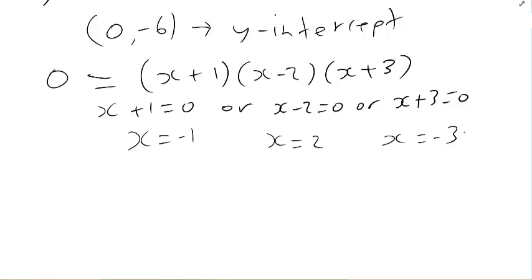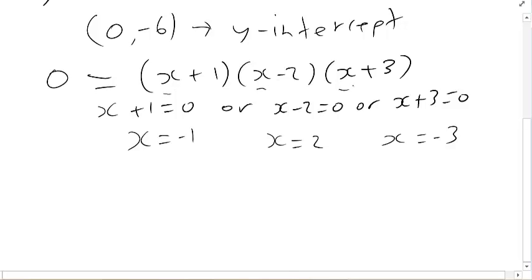I need one other thing to determine the approximate shape of this cubic, and that is to find out whether this cubic is positive or negative. To determine whether it's positive or negative, I need to take all of the x values and multiply them together, including anything out the front.